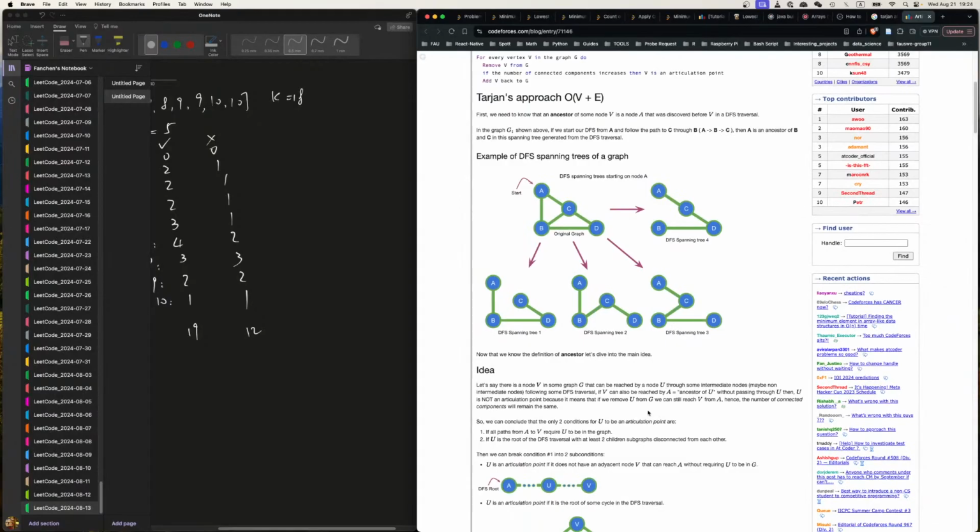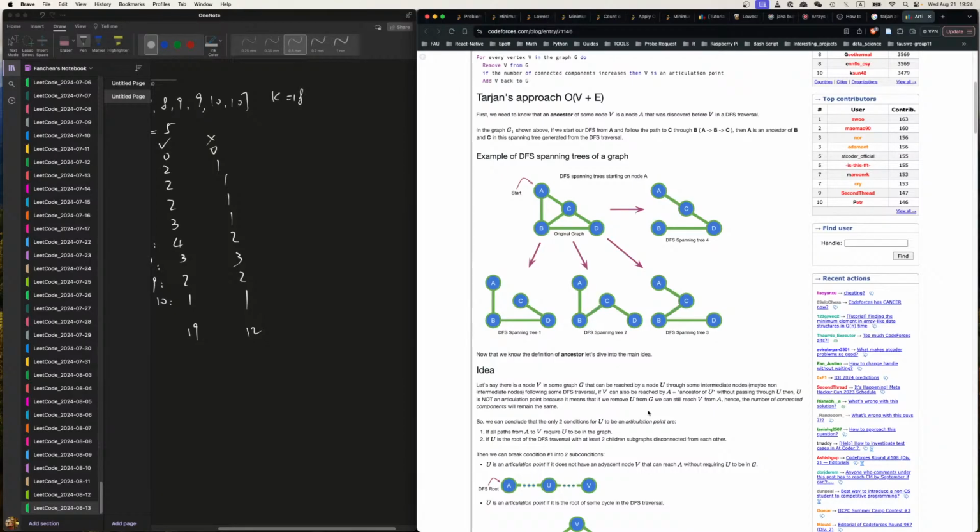Let's say that there is a node V in some graph G that can be reached by a node U through some intermediate nodes, maybe non-intermediate nodes, following some DFS traversal.